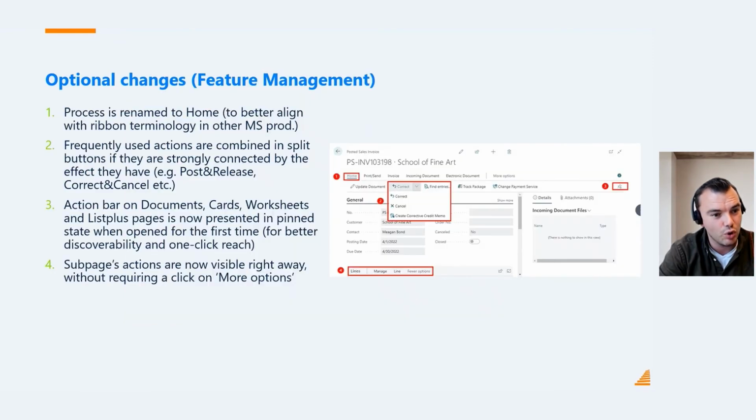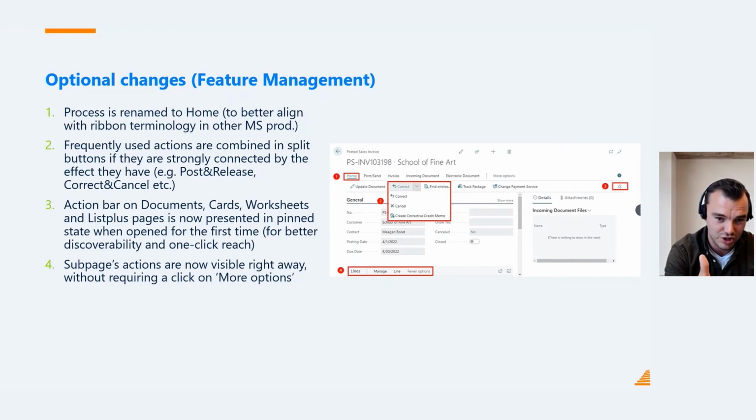Next to that, we also have optional changes, which of course need to be turned on in the feature menu. So for example, process is renamed to home. And the idea of Microsoft is to better align it with the ribbon terminology used in the other Microsoft products. And under home, you then find the most common actions you do on a certain page.